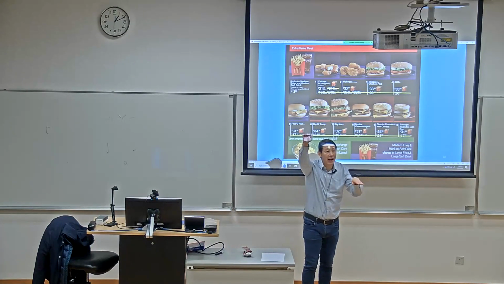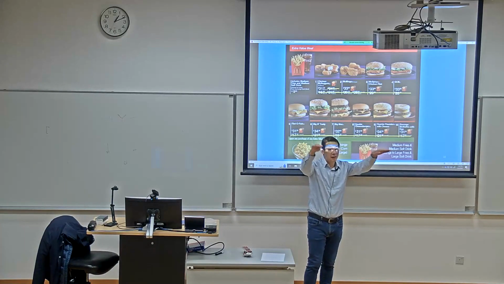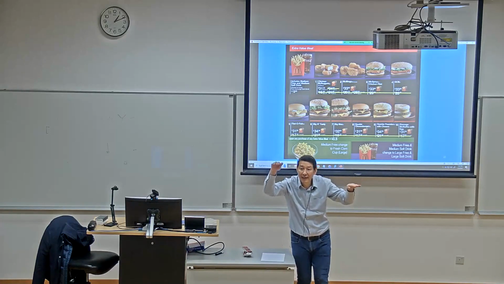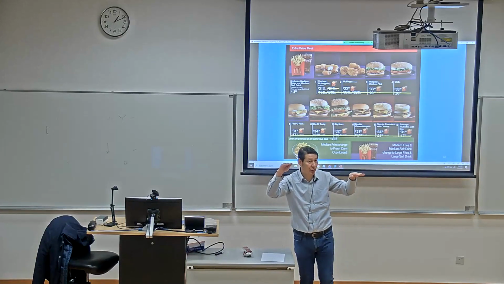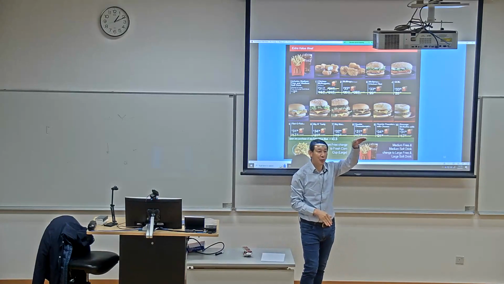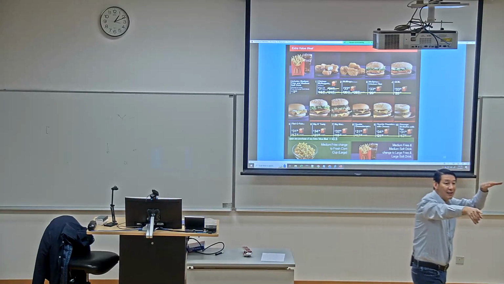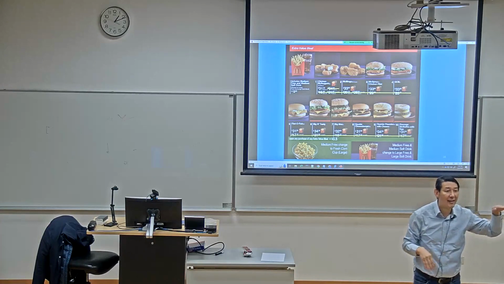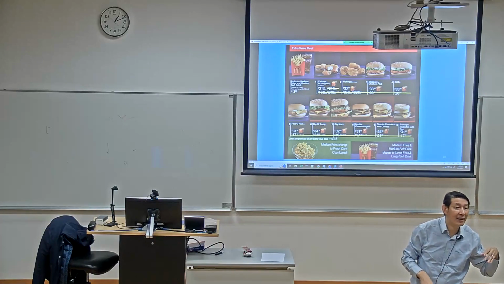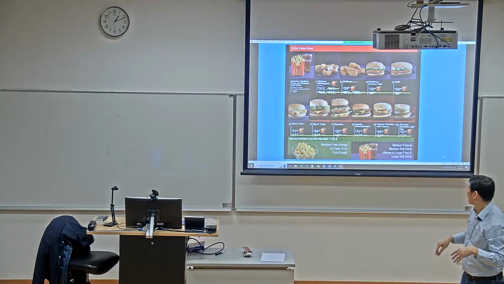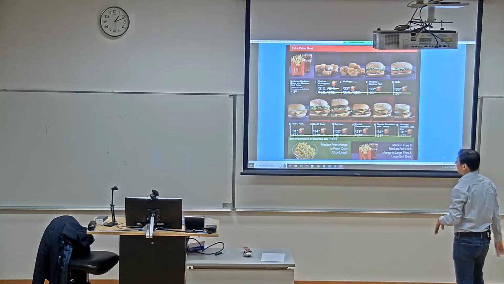So upgrade to large or upgrade to corn cup, which one should go first? Corn cup should go first. Do you agree? Same reason: when it's turned into large fries, the option for changing to fresh corn cup is from medium fries.